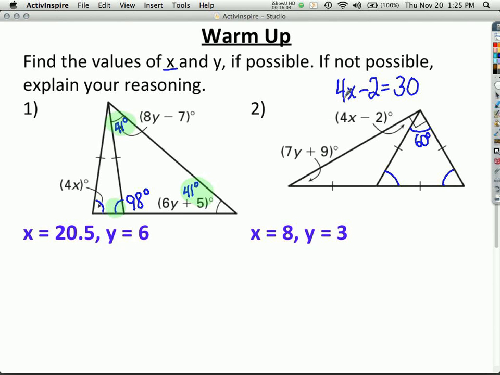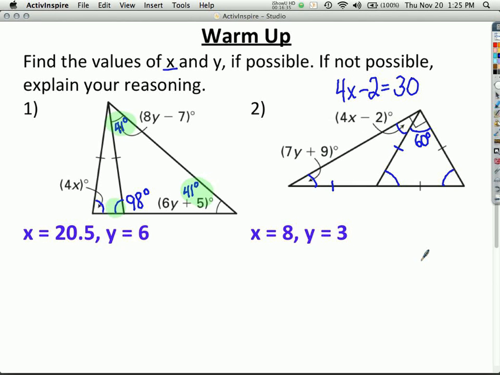So once you solve this and you get your x, then you can figure out the measurement of this angle, because this angle is going to be congruent to this one because this is an isosceles triangle. This tells you that that is congruent to that. So then you can figure out y from there. Any questions about that? Very good job, Kalasia, and I know there were some other people who figured it out.